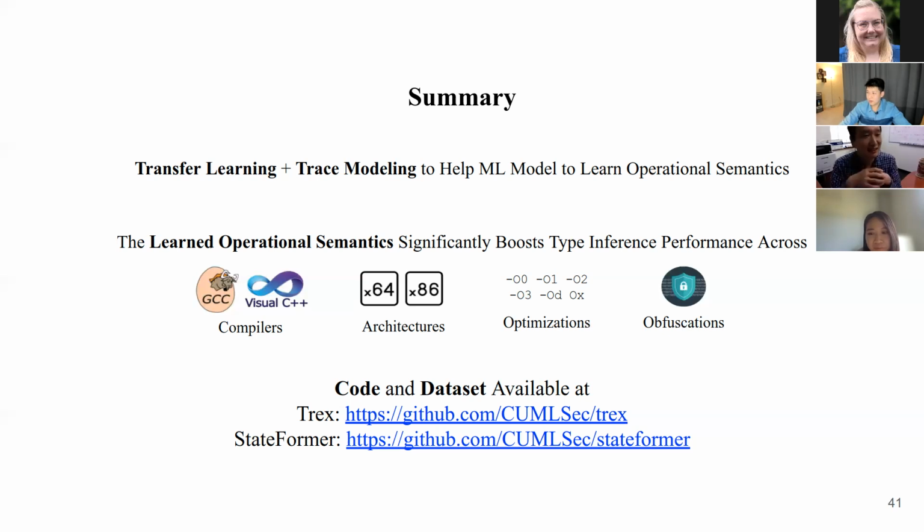Maybe I can ask another question while people are thinking about their questions. I know this is applicable to binaries and compilers, but have you thought about applying it to scripting languages, which go through interpreters and sometimes involve just-in-time compilation?